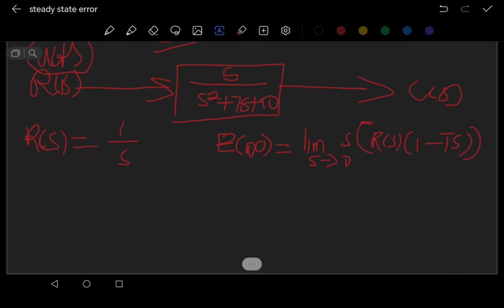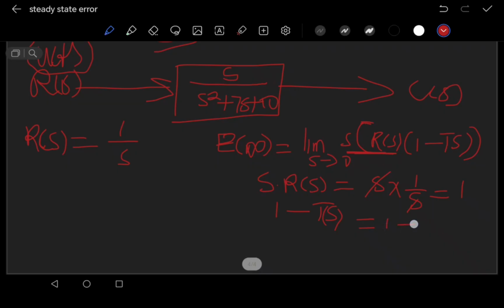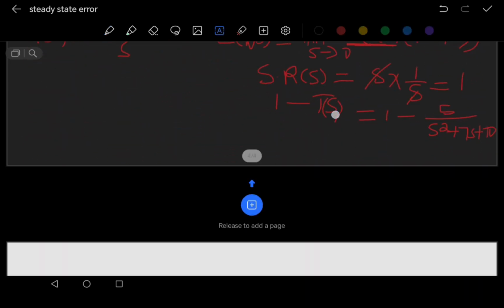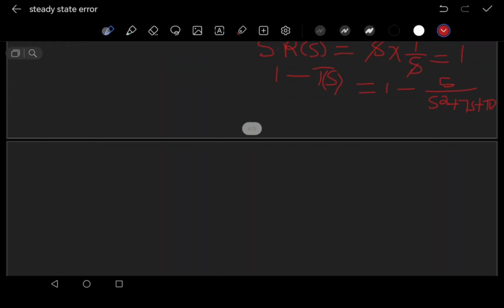Very clear. First step, we take s multiplied by R(s), that is s multiplied by 1 over s, which gives us 1. Secondly, we take 1 minus T(s). What will that give us? 1 minus 5 over s squared plus 7s plus 10.